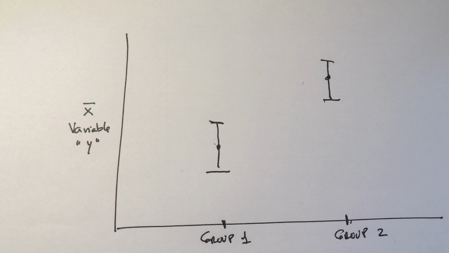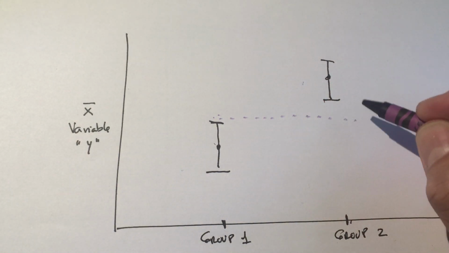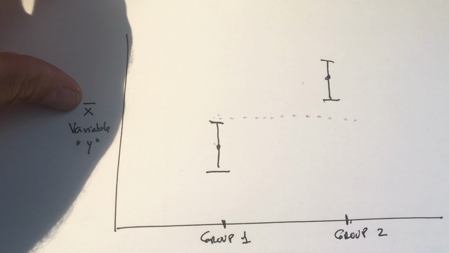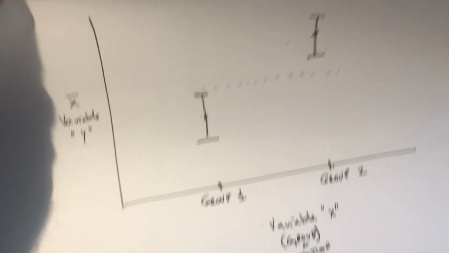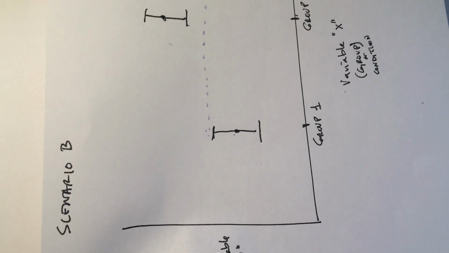I'm going to take my magic crayon, a different crayon, let me use a purple crayon. Look, these two intervals not only do not overlap, but one is higher than the other. What does that mean? Again, let's interpret it in this way.